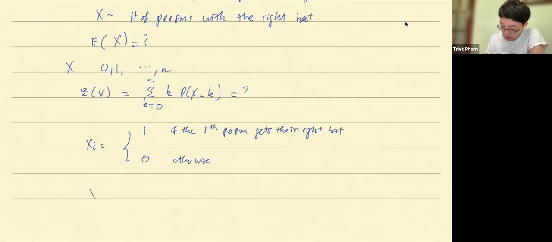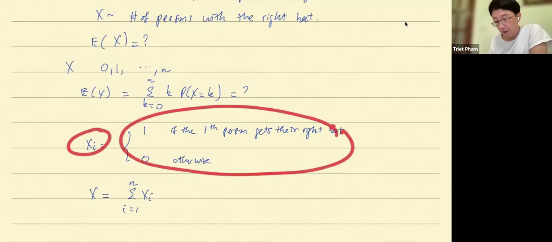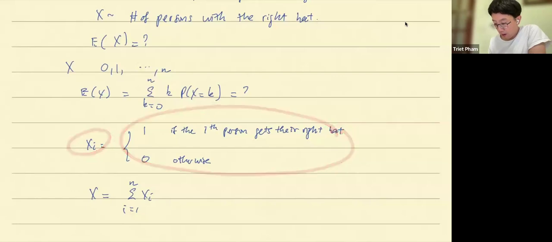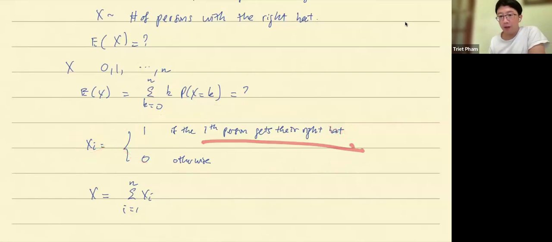You can see that X, which is the number of persons with the right hat, is a sum of the Xi. Here Xi signifies the indicator function of the event of the ith person getting the right hat.